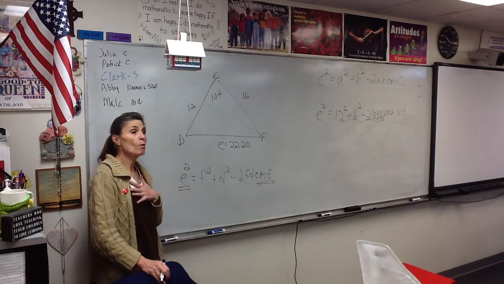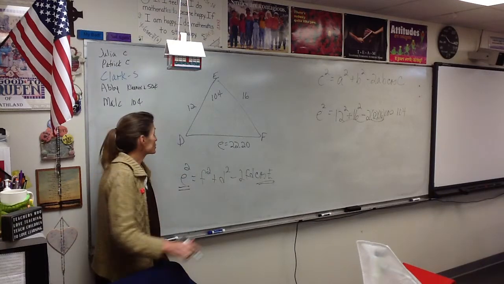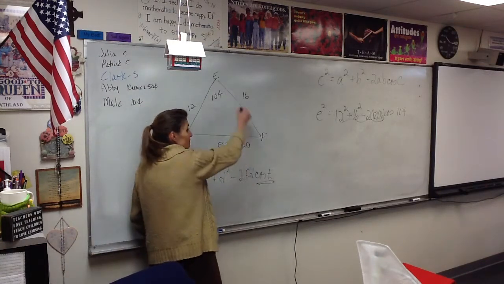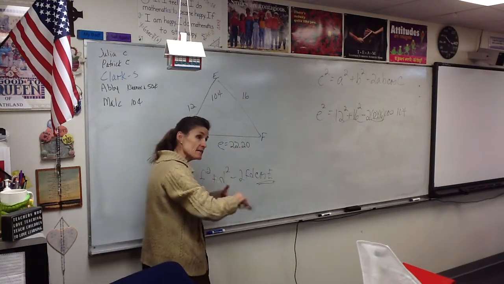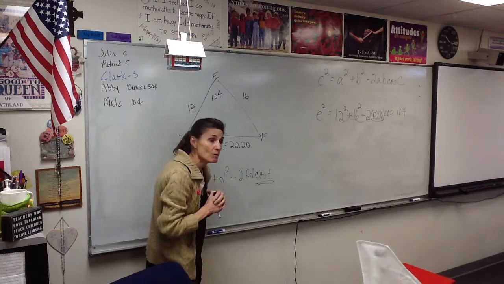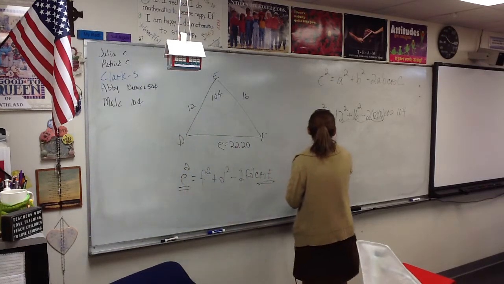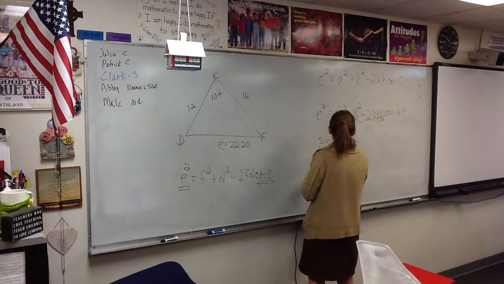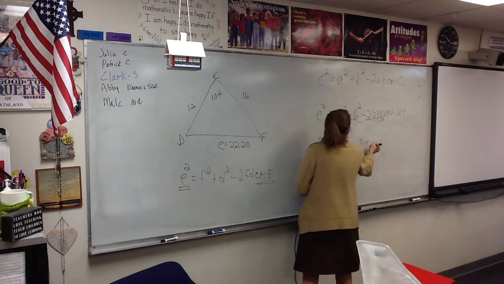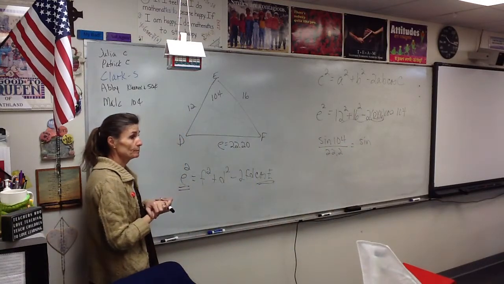Now, at this point, you get a little more joyful, because what do we now have? Now we have our pair. So as we continue on in the problem, we can now use the law of sines. So we'll say sine 104 over 22.2 equals sine, now it doesn't matter, whichever one you want.